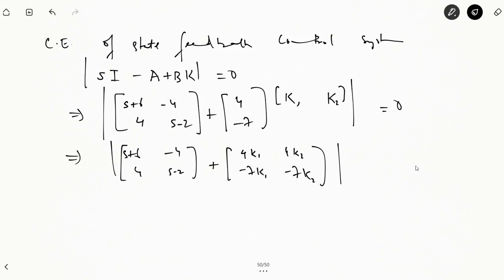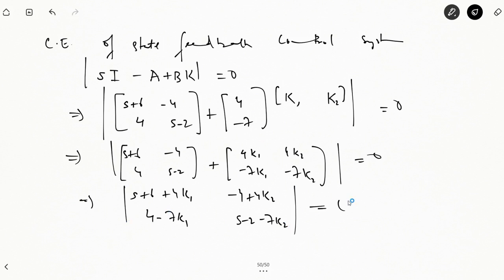Determinant of this equal to 0, which implies (s + 6 + 4k1)(s - 2 - 7k2) minus (4 + 4k2)(-4 - 7k1) equal to 0.